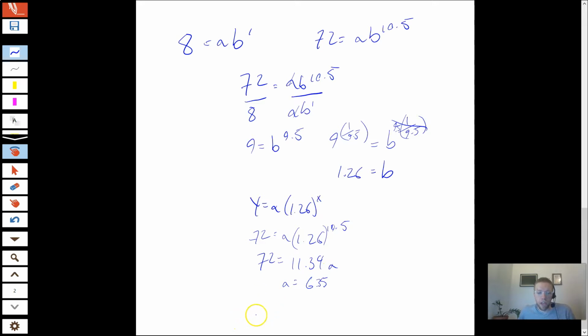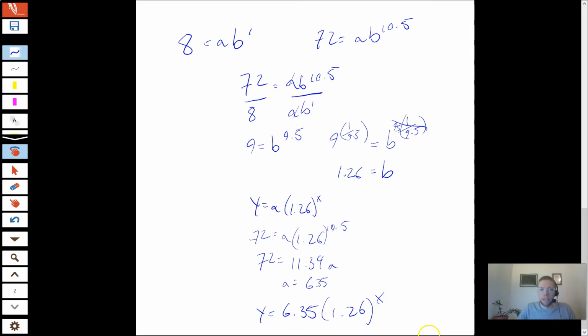So my function then is y equals 6.35 times 1.26 to the x power. Okay, so don't be scared by the decimals. You are probably getting them right even if you're getting ugly decimals. There's going to be a lot of these in these particular problems.